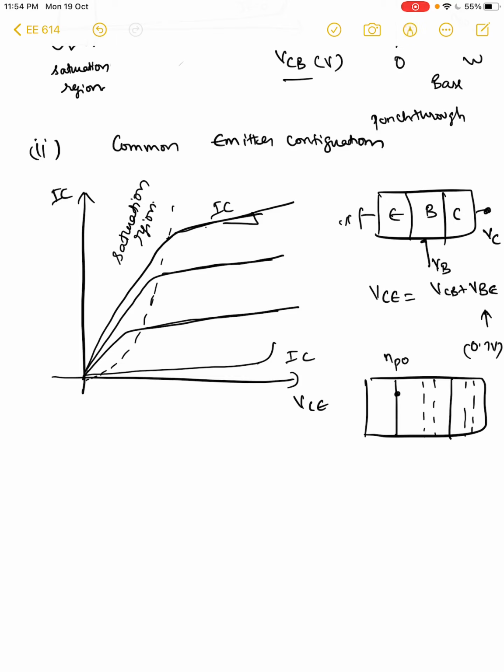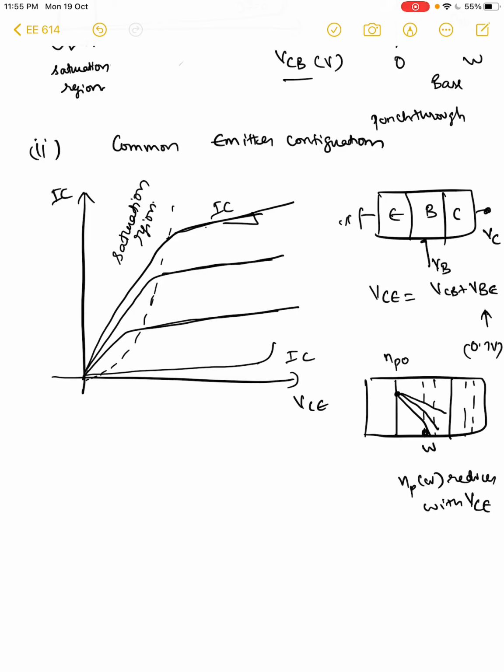And as I increase the reverse bias, we know that the electron concentration at the edge of the depletion region, np of W, reduces with VCE, right? So basically I increase the gradient as I increase the collector base potential. As I increase the reverse bias in the base collector junction, I increase the gradient in the electron concentration, causing the current to increase, right?